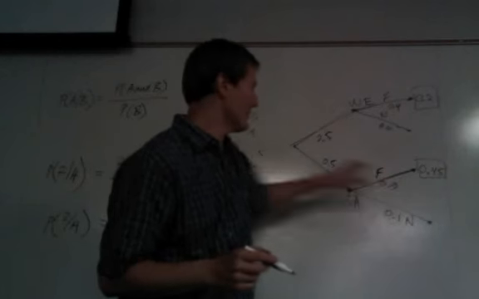But let's suppose we didn't have this number. We only had this and that. Then we could calculate the conditional probability.